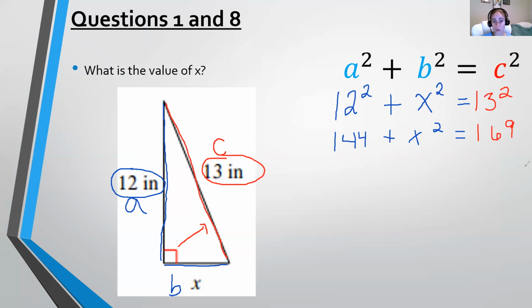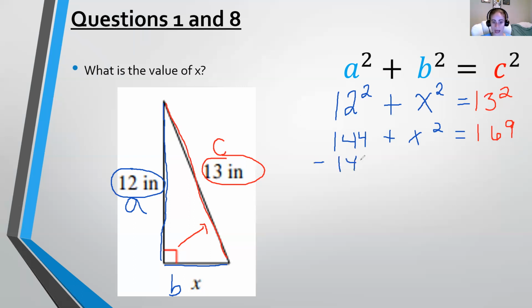All right, at this point, we've done all the simplifying we can. So now we're in solving mode. We need to solve that equation, which is something we learned last semester. So if we're trying to solve for x, we're trying to get x by itself. Remember, when we do equations, we always complete the inverse, so the opposite operation, which means if we have a positive 144 being added to your x squared, the inverse of addition is subtraction.